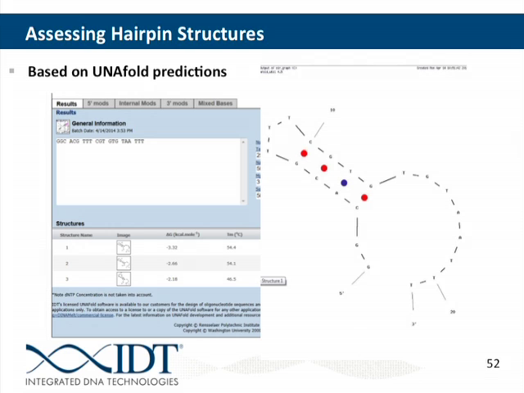The delta G is still well below that minus 9 cutoff, so this is not likely to be a major problem for the assay. But if you were to see a hairpin structure with a very high Tm and that delta G approaching minus 9, that's something where you should be concerned and perhaps look at other primer or probe options. Go to the next assay in PrimerQuest and look at those.